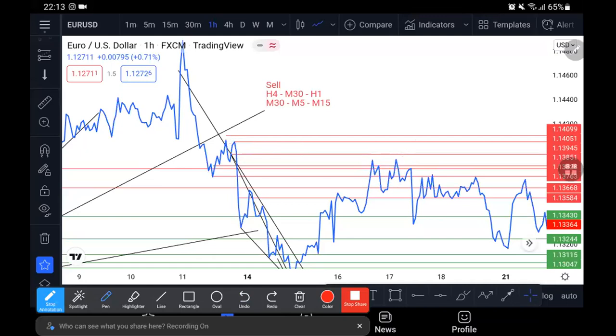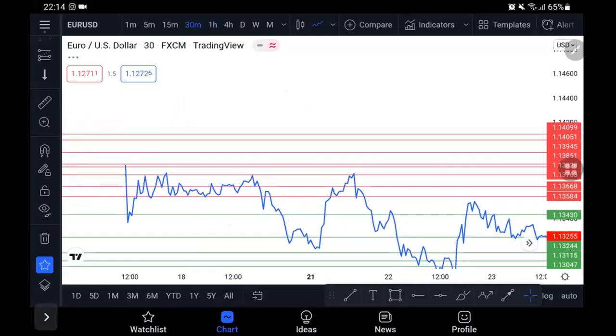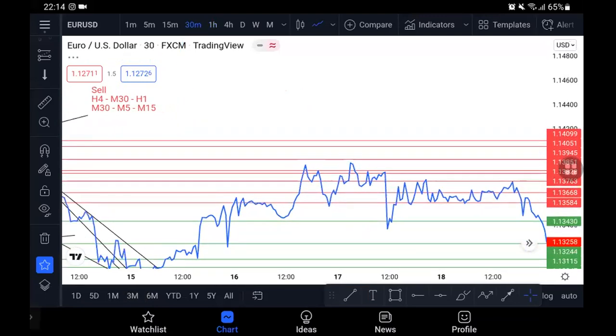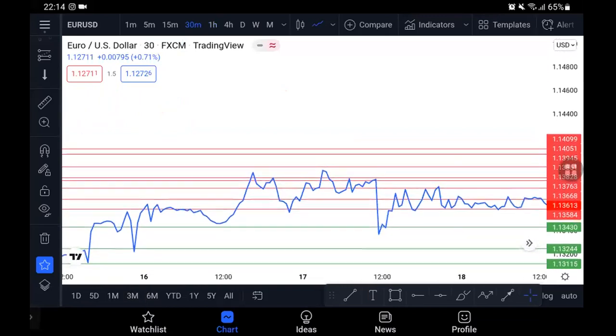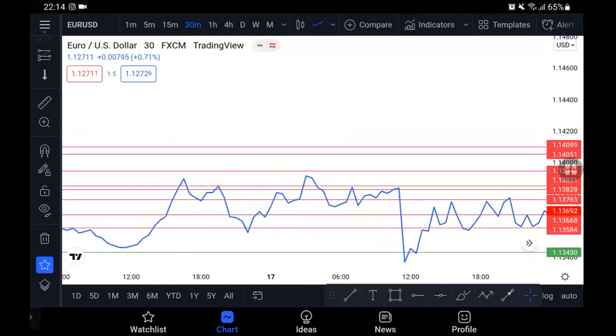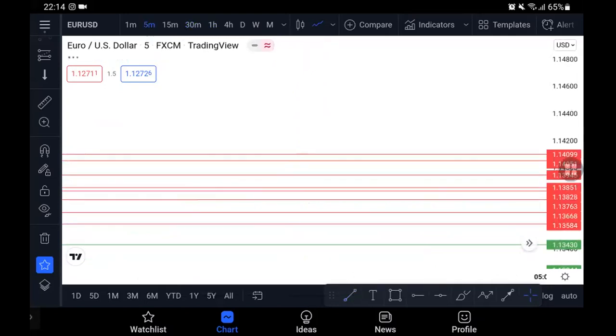So we're gonna drop down to MTT and look. Can be between M30 or M5. So we put at M30 first, and look for M5.